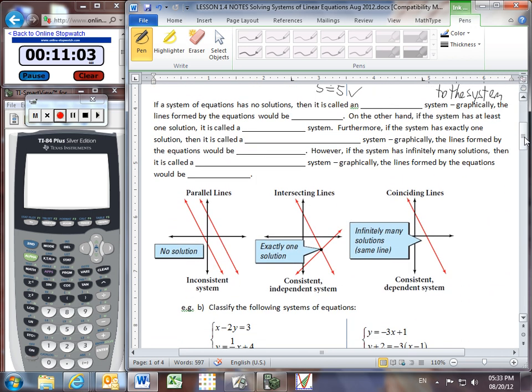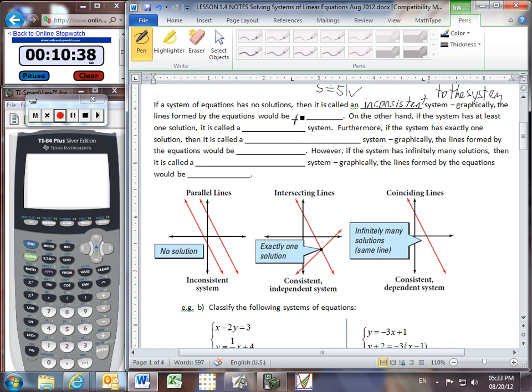Now, if a system of equations has no solutions, then it is known as an inconsistent system. And graphically, if you try to imagine two lines that have no solutions, they never overlap, ever, no matter how far you go, what must they look like?